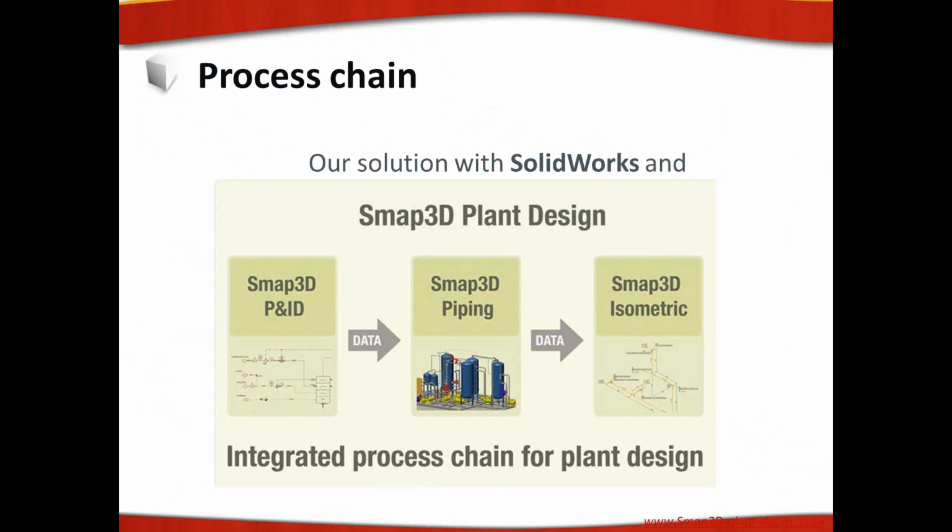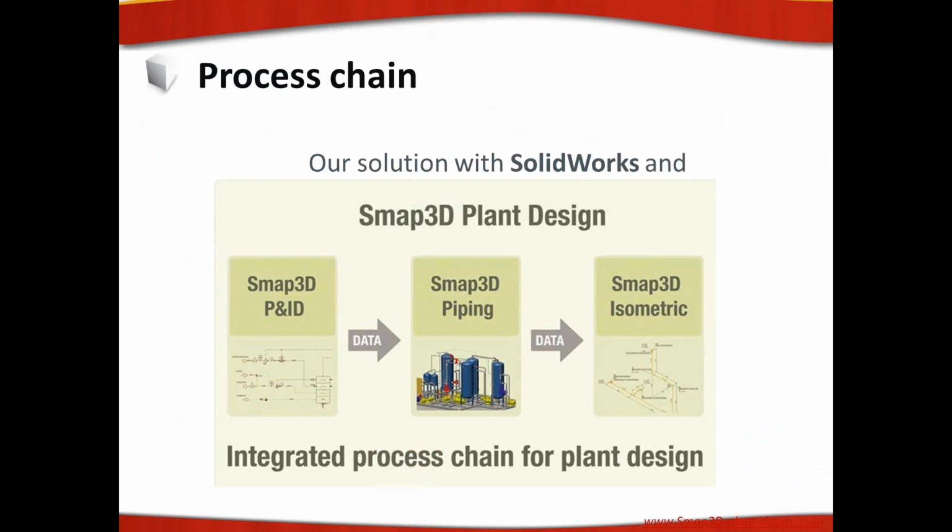And in some cases, we have customers who are just interested in gathering and building PNID documentation. So I'll point out the products and how it's packaged in a little bit. There's another package also included in there, Smap3D Piping. This is primarily the plugin within SolidWorks.